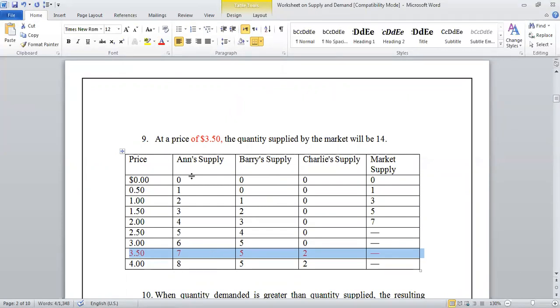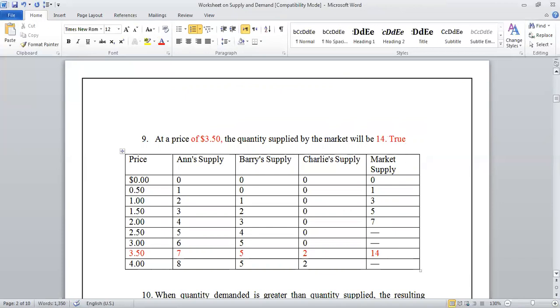So we have Anne's supply, Barry's supply, and Charlie's supply. So that's at a price of 3.5. The market supply will be what? 7 plus 5 plus 2. 7 plus 5 is 12 plus 2, that's 14. So is this true or false? It is true. All right.